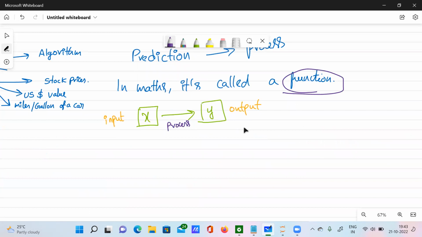So now, for example, let's say I want to predict something about a person. We have a certain bank. Now I have one person.